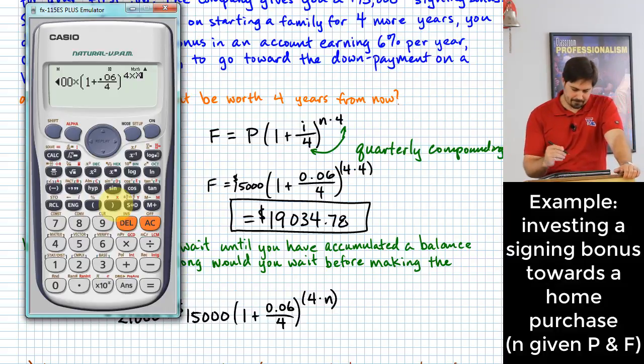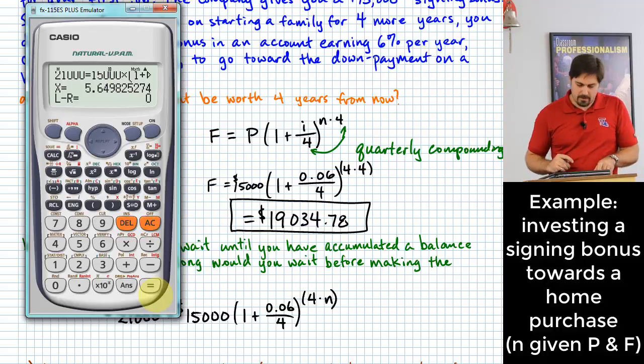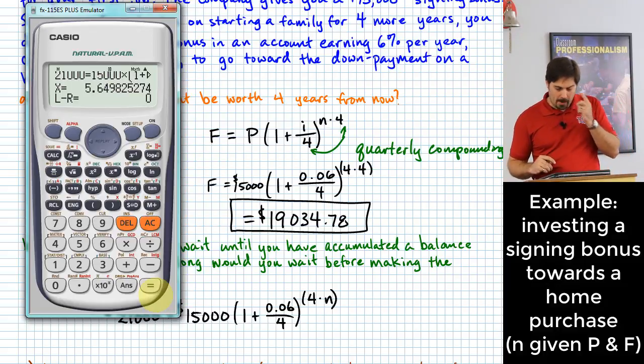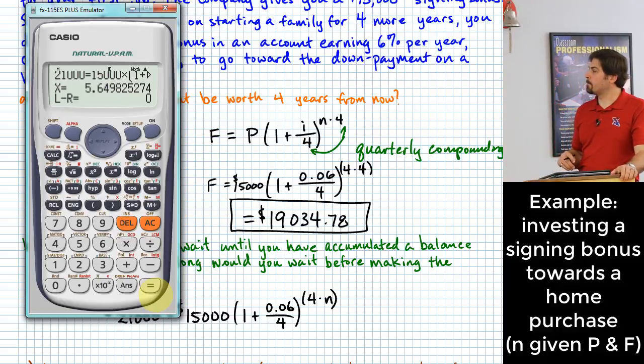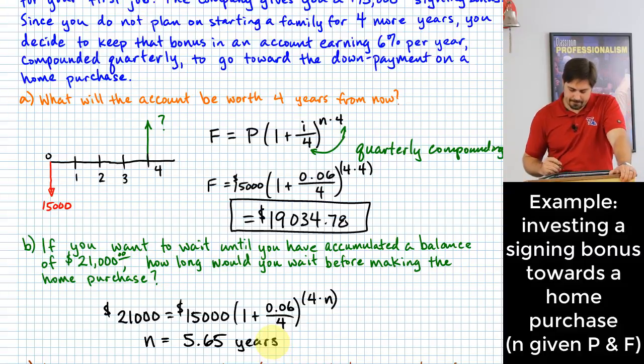When you're through with that, you can hit the solve button by hitting shift, and then above the calc key you see there solve. And what does that give us? 5.65 we'll say. So n is equal to 5.65 years.